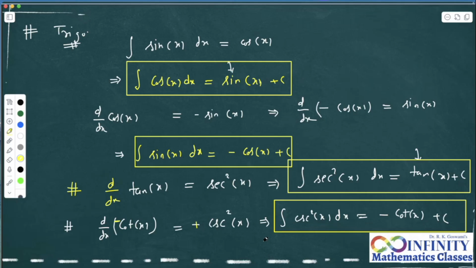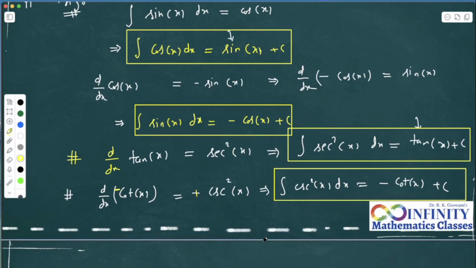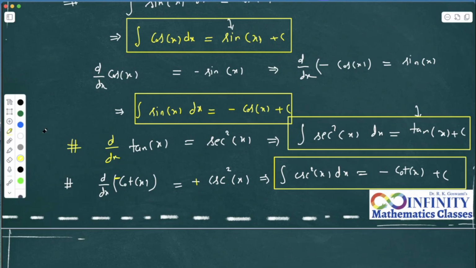We have not learned them yet. We will learn them in the next classes, where we will first learn the substitution technique, and then we will derive the formulas for some of the trigonometric expressions. I can tell you, but it will be discussed in a better manner in the coming classes. So we have to wait for that.